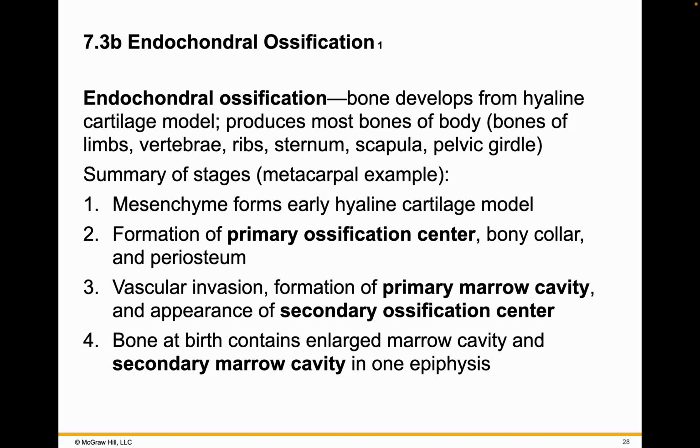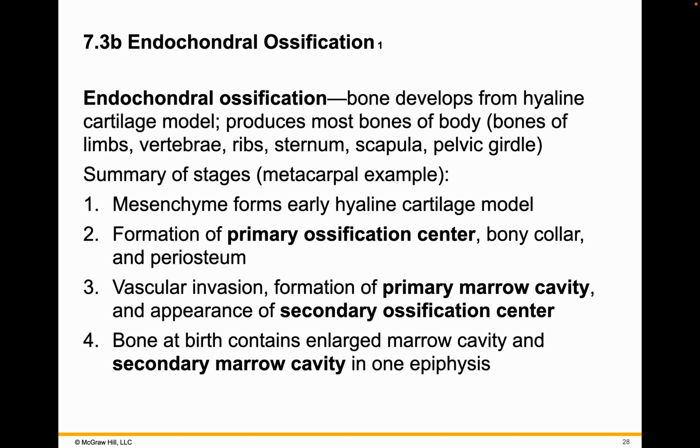Most of our bone develops not from a membrane model, but from a hyaline cartilage model. Here, the mesenchyme forms an early hyaline cartilage model, the formation of primary ossification centers, a bony collar, and periosteum. We get vascular invasion, formation of primary marrow cavity, and the appearance of secondary ossification centers.